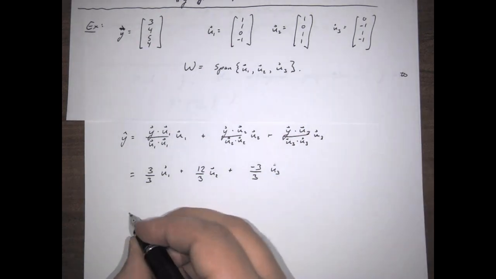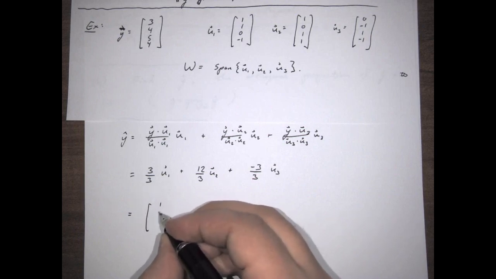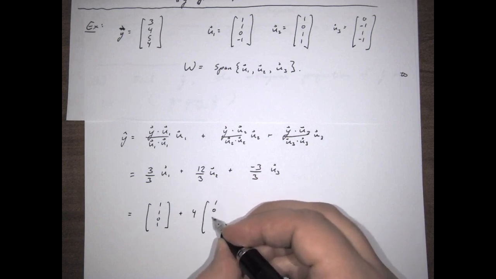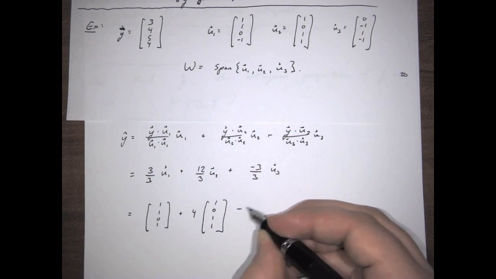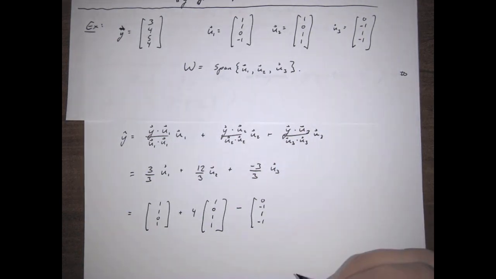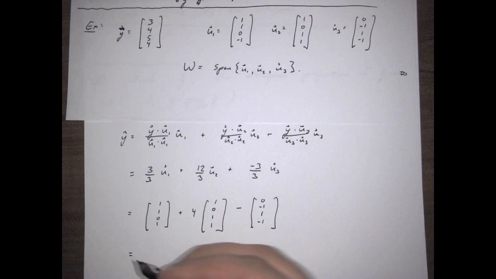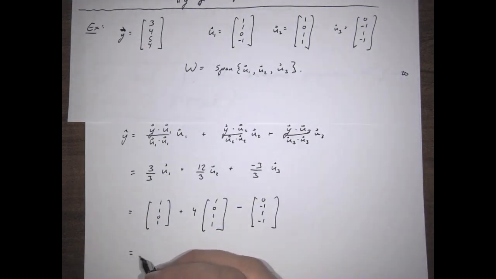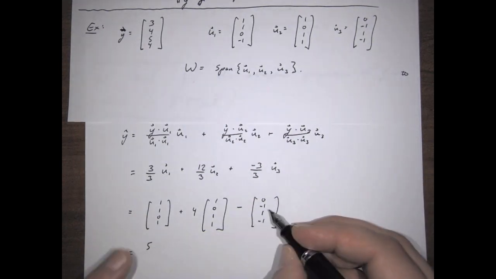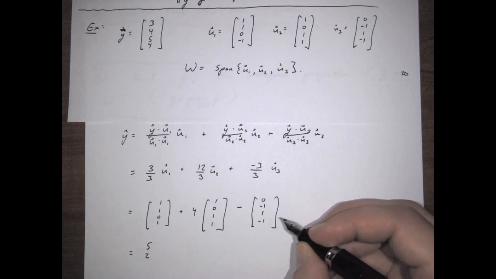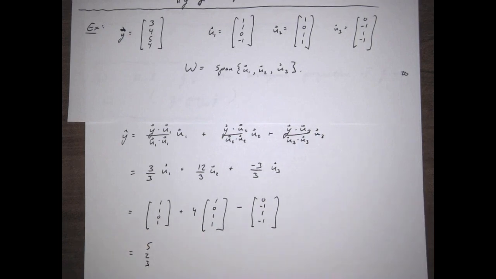And then this is just going to be 1 times u1, so it's 1, 1, 0, 1, plus 4 times u2, which is 1, 0, 1, 1, minus 1 times u3, 0, negative 1, 1, negative 1, which is just going to equal, going across here, 1 plus 4 equals 5, 1 plus 1 equals 2, 4 minus 1 equals 3, and then 4 minus 1 equals 4.